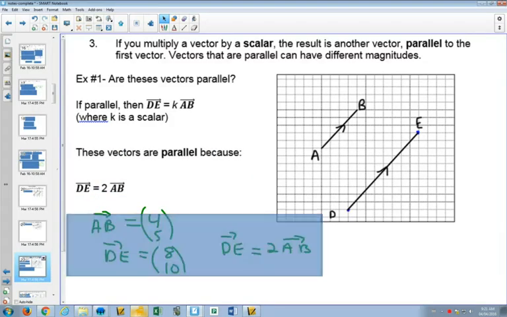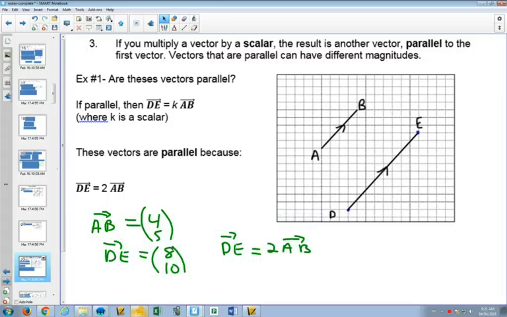If we actually figure them out, our first vector from A to B is 4, 5. Our second vector from D to E is 8, 10. And we can just show that D to E is 2 times A to B. And so in a sense, what you're doing with this 8, 10 is you're factoring out a 2 out of each of the coordinates.